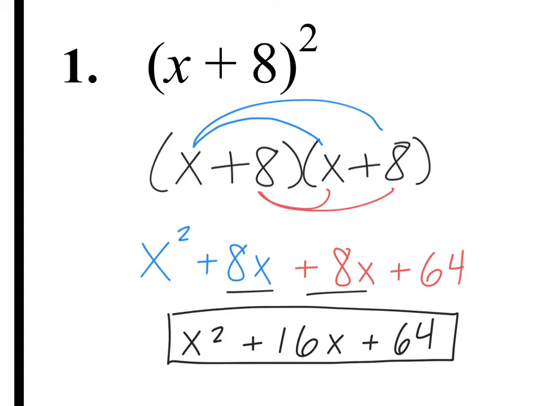So please keep in mind, if you see one parentheses squared, it's asking you to make it 2. There's 2 of them, and then multiply it out. Can you please try number 2 right there next to it on your own?